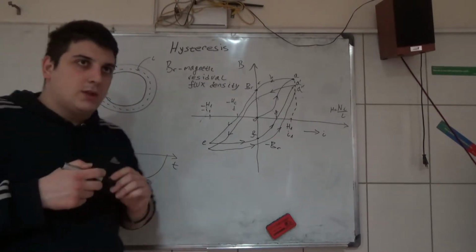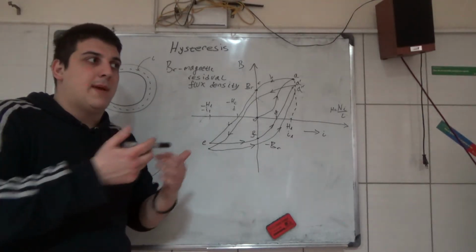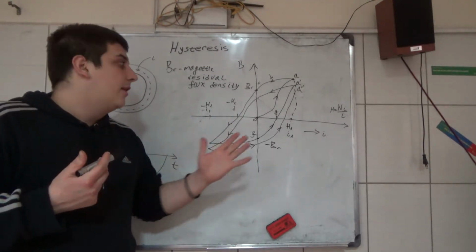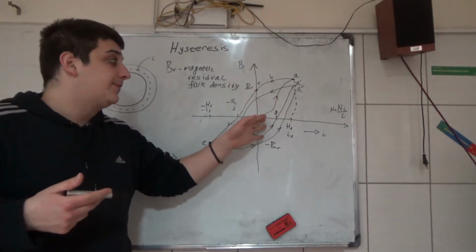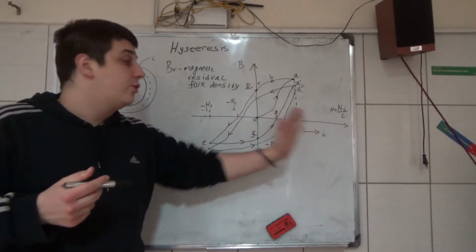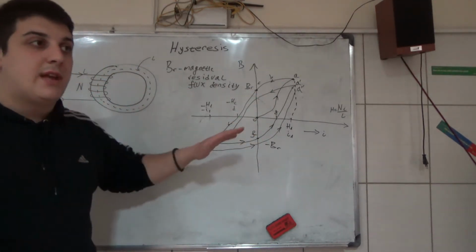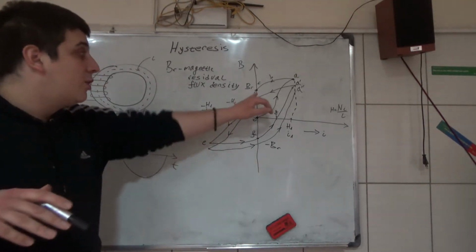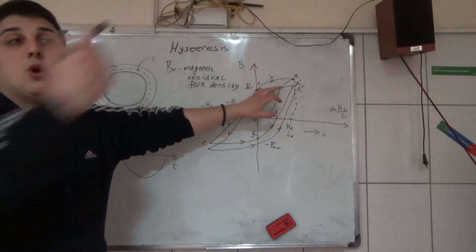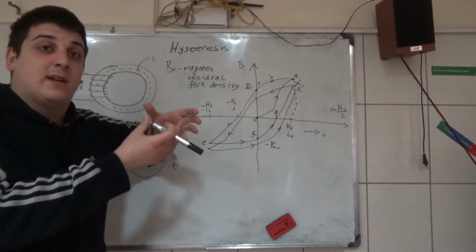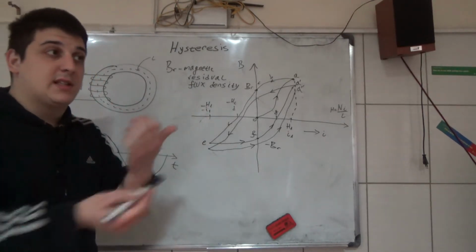That's how you make permanent magnets that were not magnets before magnetizing. If this point goes to saturation and you pass a huge current through this coil and then shut down the voltage, so there is no current, you will have a residual magnetic flux density. So you have a permanent magnet without passing a current through it. That's how some permanent magnets are made.